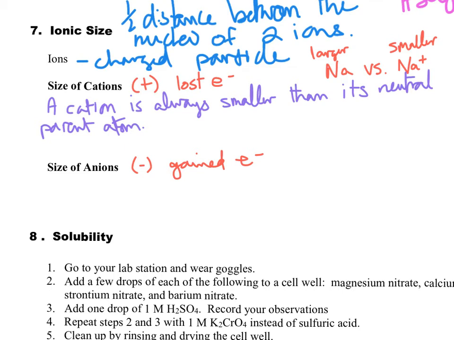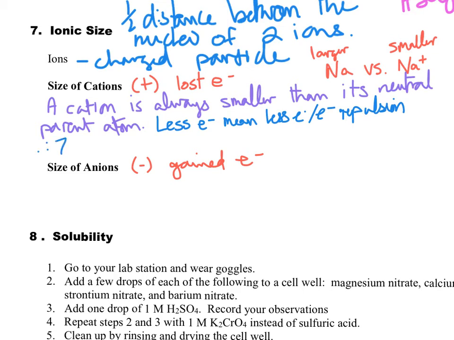And so the nucleus is able to hold those valence electrons more tightly, more closely. And so the size decreases, gets smaller. So let's try to write that down. Less electrons mean less electron-electron repulsion, or less shielding.